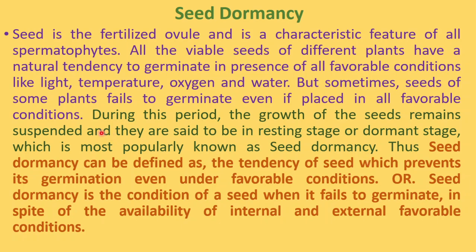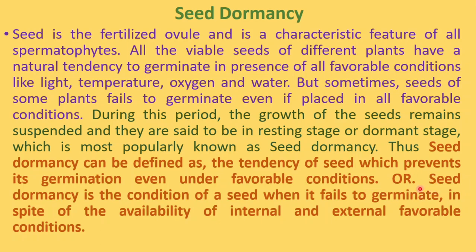And this particular stage is most popularly known as seed dormancy. Thus we can define seed dormancy as the tendency of a seed which prevents its germination even under favorable conditions.